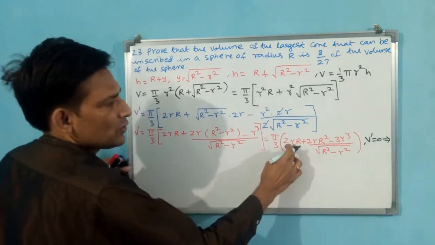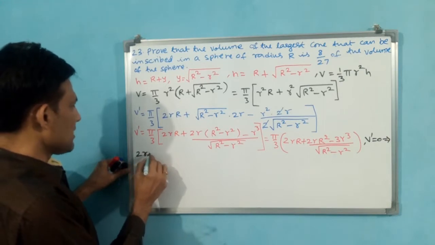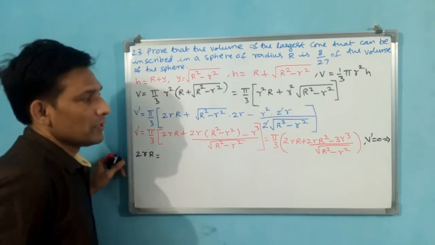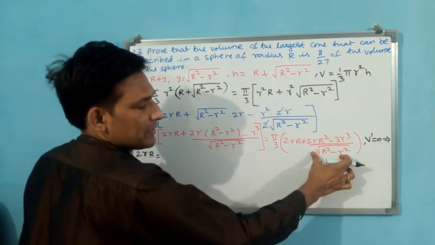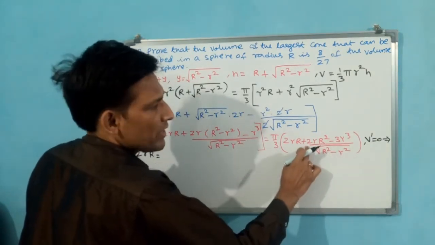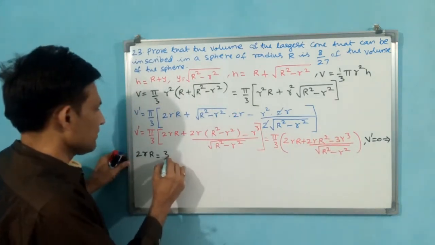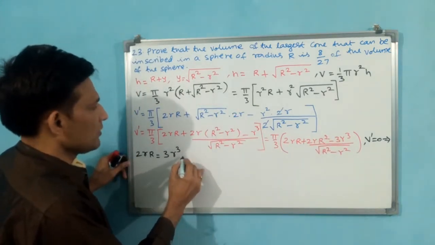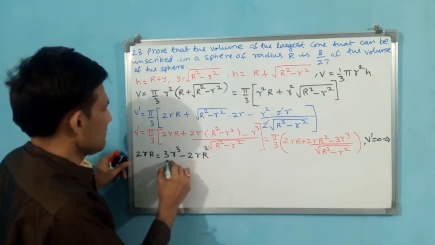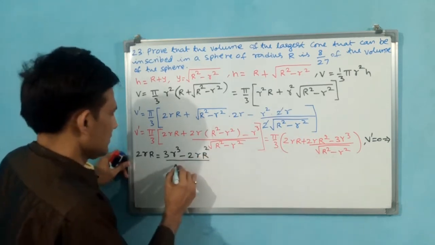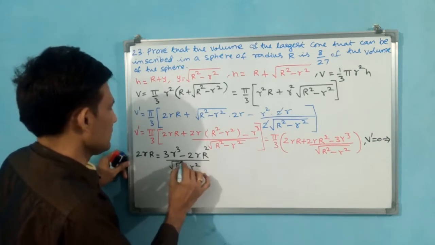And see, 2r is equal to, you see what I am writing? 2r is equal to, this side if it goes, this entire figure, minus 2r square plus 3r cube is going to become. Plus 3r cube first I will write, you see, plus 3r cube minus 2r square, but divided by this will be there, r square minus x square under root.